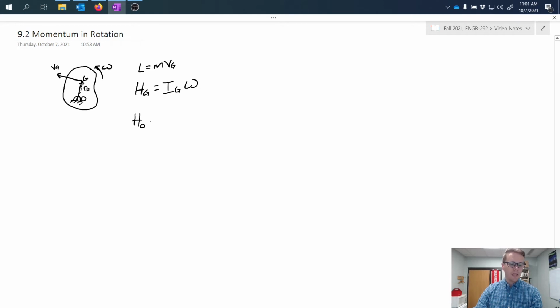Now, suppose instead we'd rather, perhaps for convenience, calculate the angular momentum about the rotation axis O. We can do that, and if we do that, we can take into account, again, the rotation about G, so I'm going to pull that same term down.